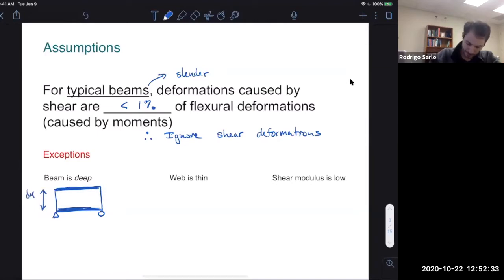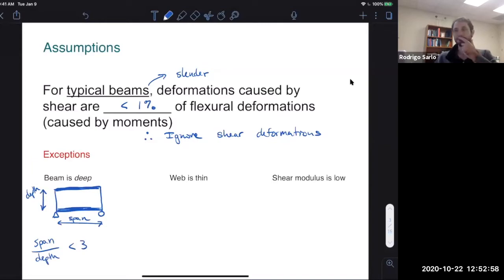So the height of the beam versus the span of the beam. The ratio of depth to span is bigger than for a typical beam, right? For it to be considered deep, the span over depth would be somewhere under 3, okay?